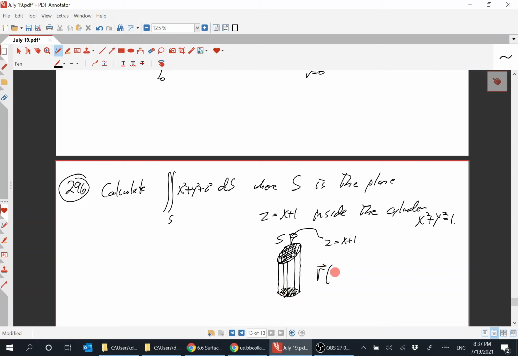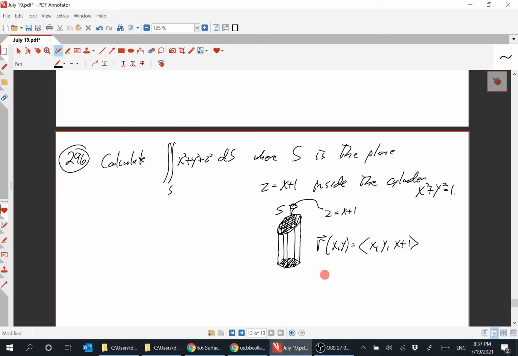So the standard parameterization is x is x, y is y, z is f(x, y), for x, y in the circle of radius 1, which is the shadow the surface makes in the xy plane.